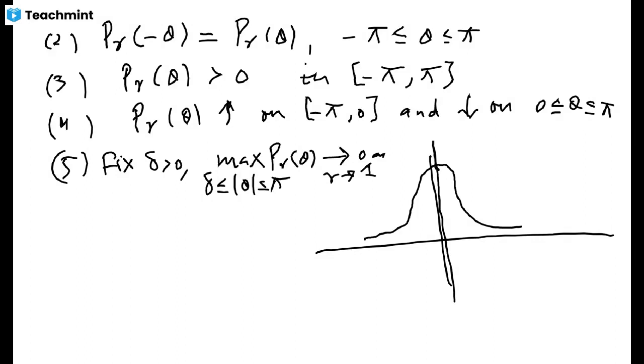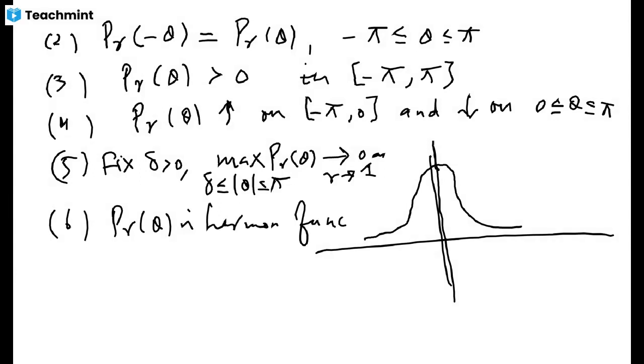And the last thing that is very clear is that this P_r(theta) is a harmonic function of z. Showing that this is harmonic is not a big deal, because we just showed that P_r(theta) is (1 plus z upon 1 minus z) conjugate plus z upon 1 minus z.